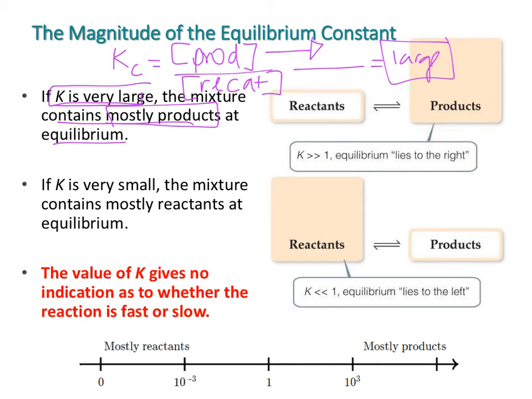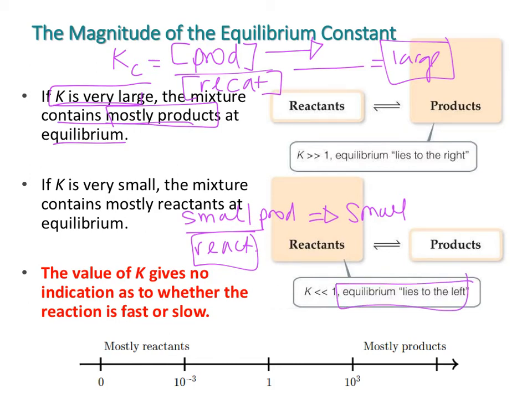If you have a very small number of products divided by your reactants, this is going to give you a small K. What this means is that you had more reactants than products. So that means that your equilibrium lies to the left, versus whenever you have a very large K, your equilibrium lies to the right, meaning that the products are favored and they are produced more.